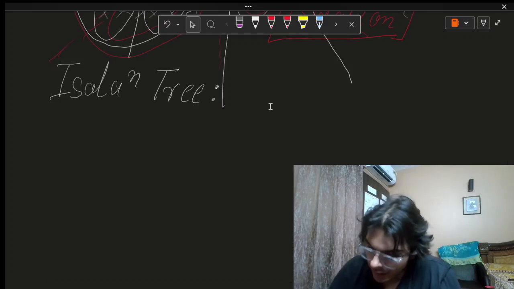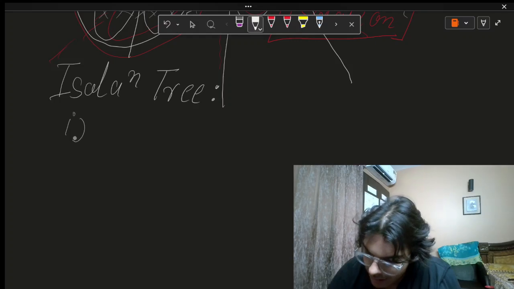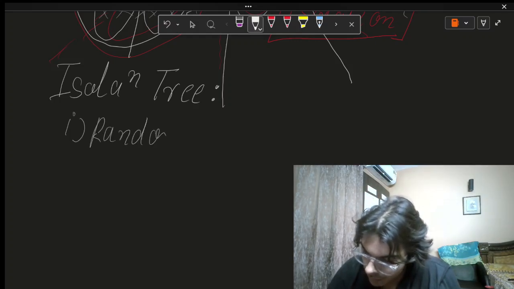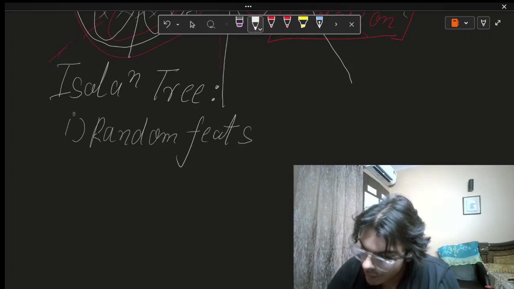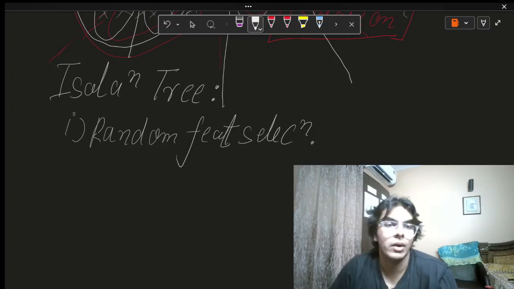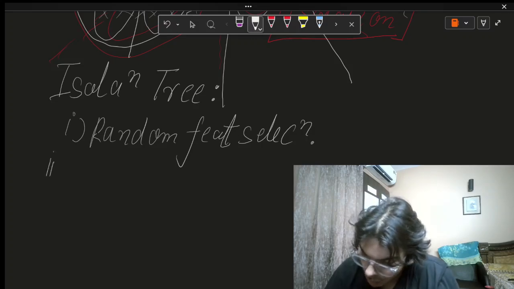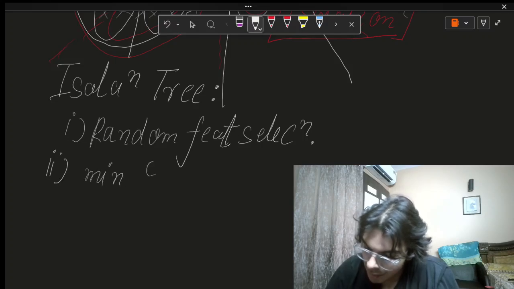The first thing in isolation tree is random feature selection, which means the feature that we use to make the cut is selected randomly. It can be anything. The second step is that we find the minimum and maximum value of the feature.